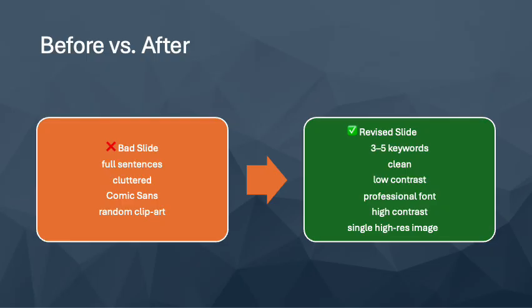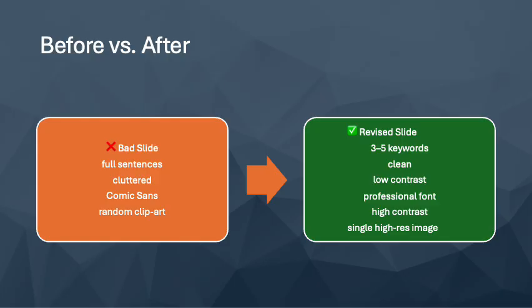Before versus after. Here's what these principles look like in practice. The box on the left shows a set of common mistakes: full sentences, clutter, Comic Sans font, and random clip art. Each of those choices individually undermines credibility. Together, they make the slide nearly unusable as a communication tool.